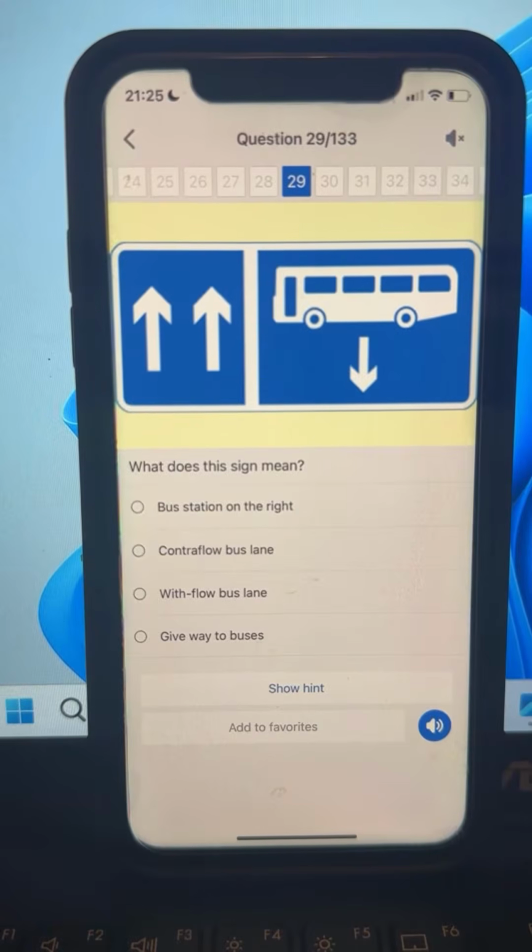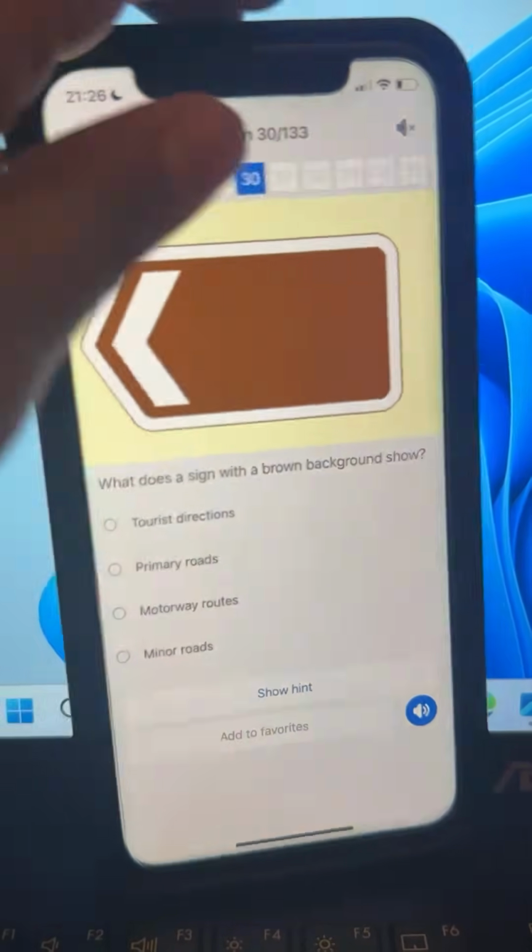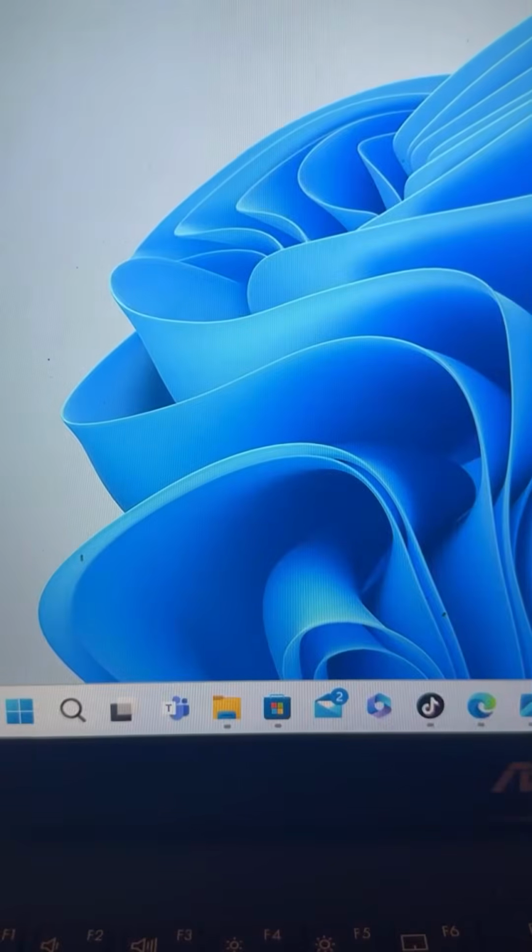Do you know what I mean about road markings? Sorry, I'm not going to cover that. Let me prepare the question.